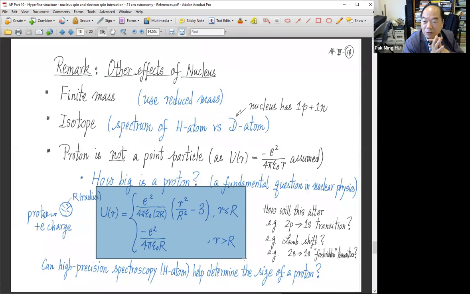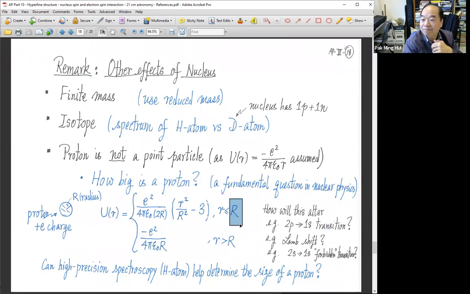Well, it's still a central force, it's still spherically symmetrical, but instead of a point at 0, 0, 0, you assume this and then see how it will change the energy levels of this new hydrogen atom. In particular, how will it change the 2p to 1s transition energy as a function of the radius?